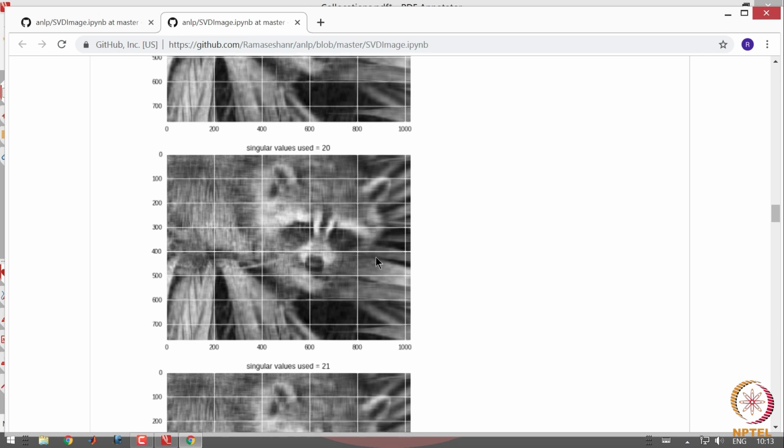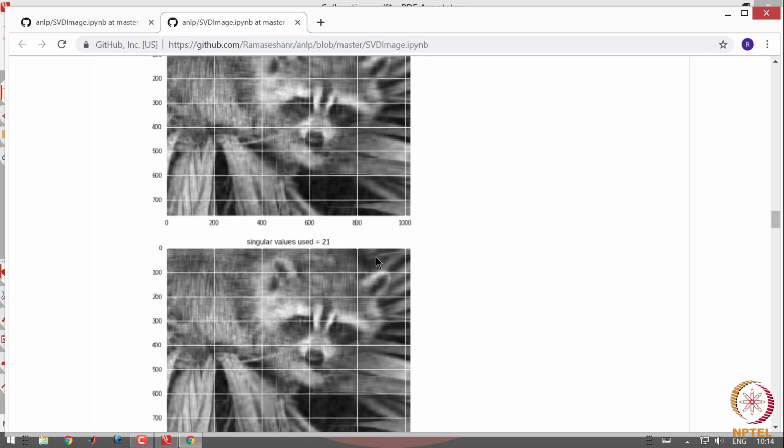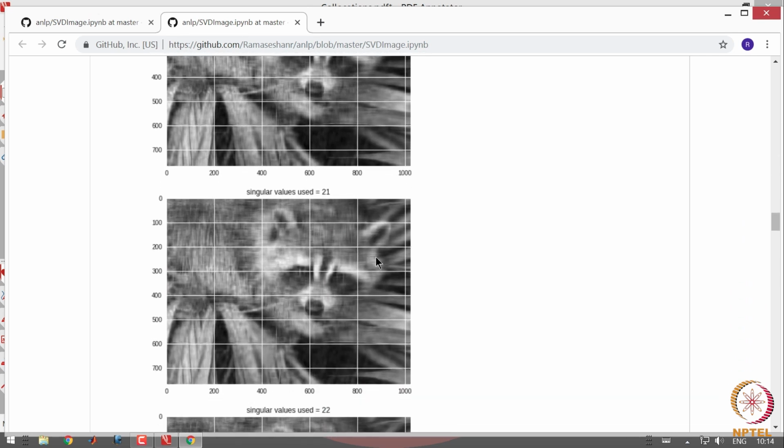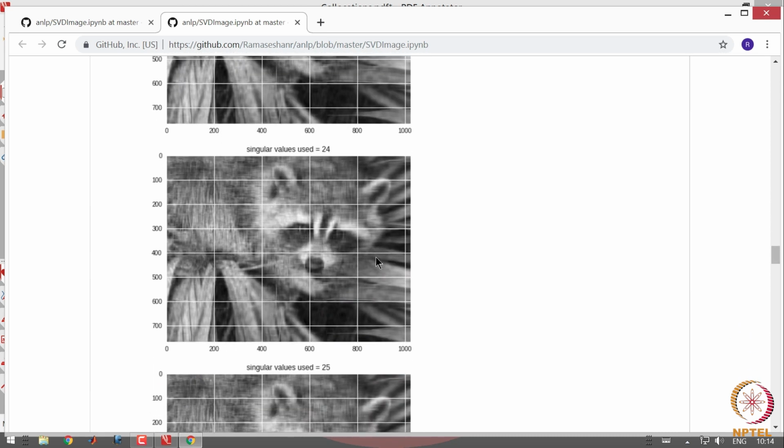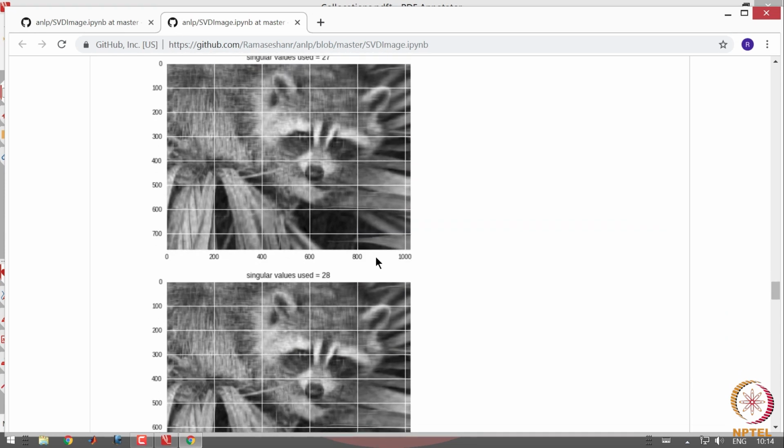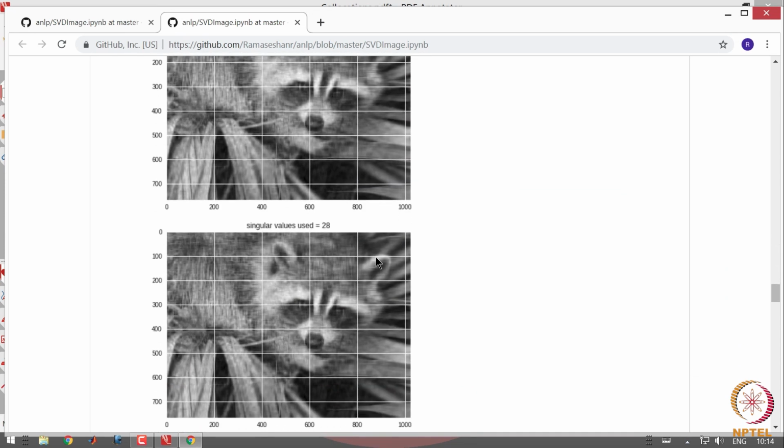Slowly I am just increasing the singular value count from 10 to 21 now, 22. Let me go down to 30. See, we almost have a good image reconstructed with just about 28 values of our singular matrix, correct.